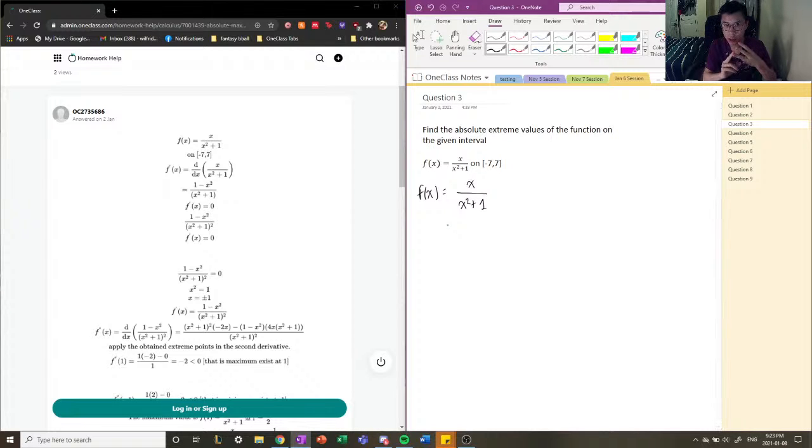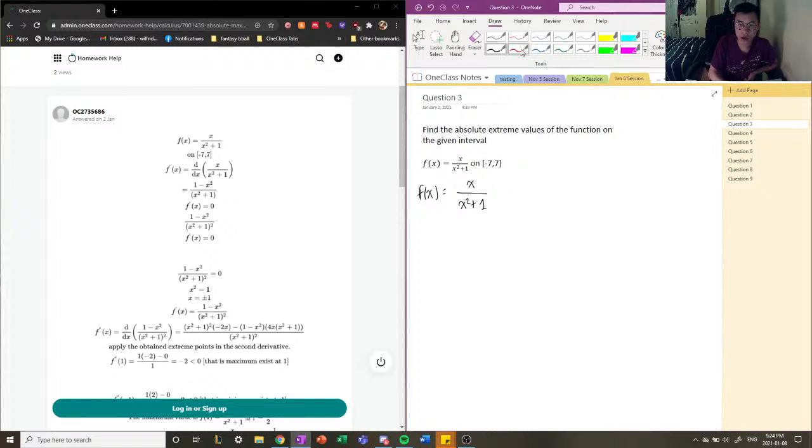So if we find the values of x that make f prime of x equal to 0, we find the points of interest, which will be either a max, min, or saddle point. So we're going to find the first derivative first.